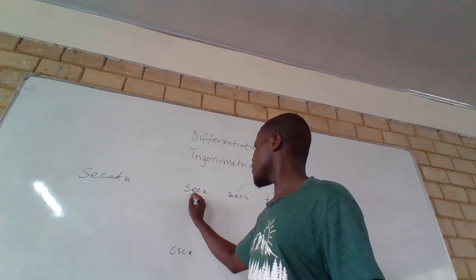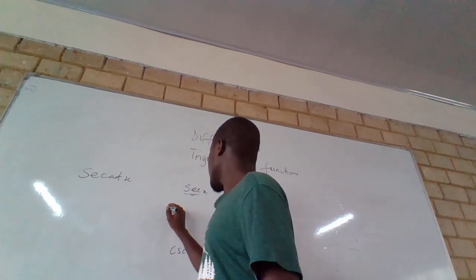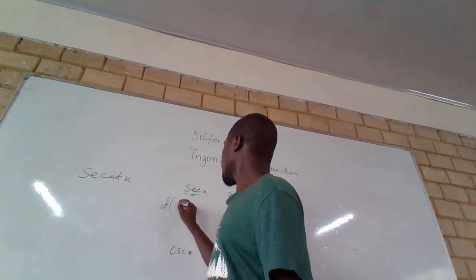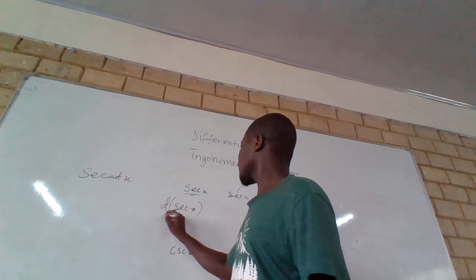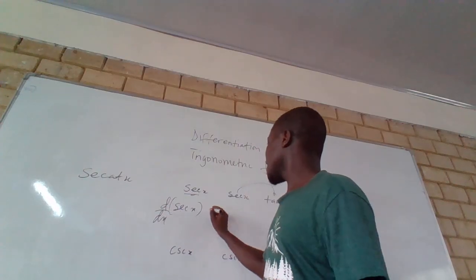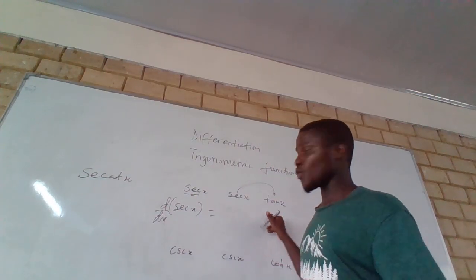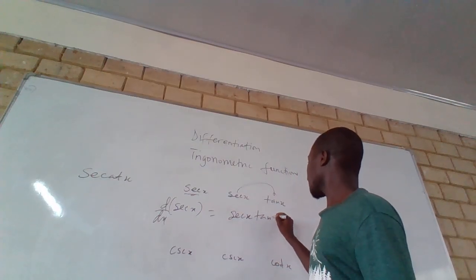If you take the differential of secant x, d over dx, you are differentiating this one, so you just multiply this and this, okay? So this gives you secant x tan x, okay.